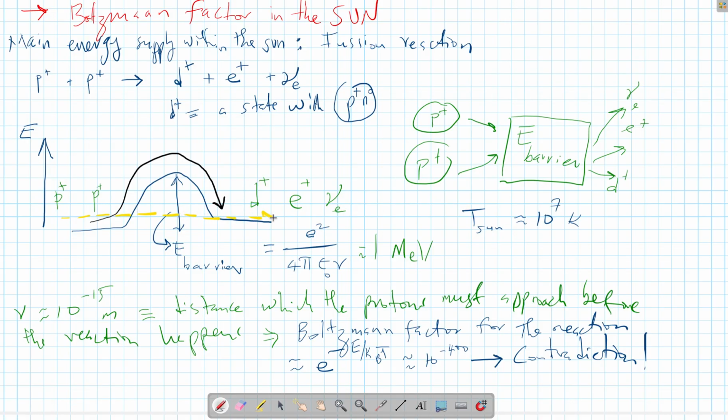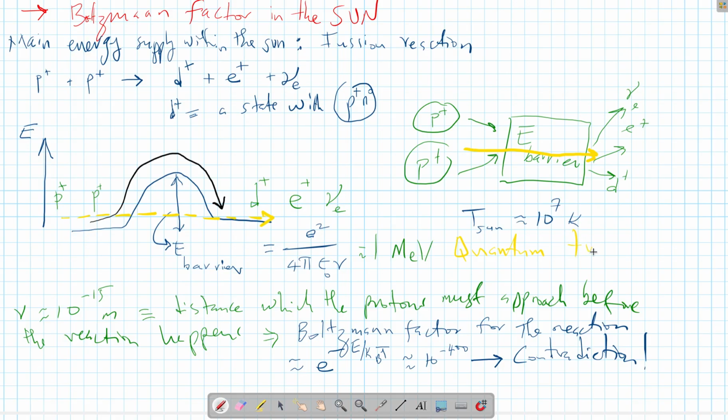Okay, so instead of going up the hill before the reaction happens, something magical in the sense of quantum mechanics happens, where the process crashes right through the barrier and then produces the outcomes, right? This process is called quantum tunneling, and you're going to learn, or maybe you have already learned about it, in your quantum mechanics or quantum physics course.